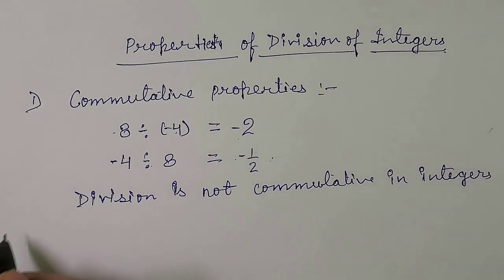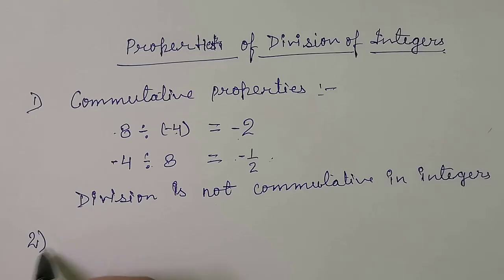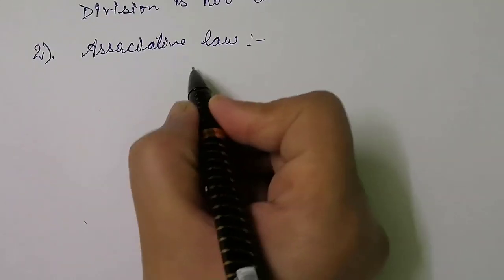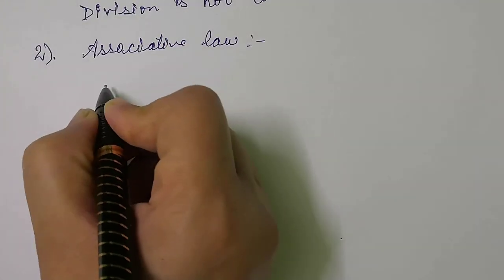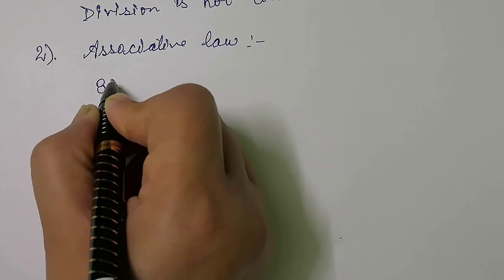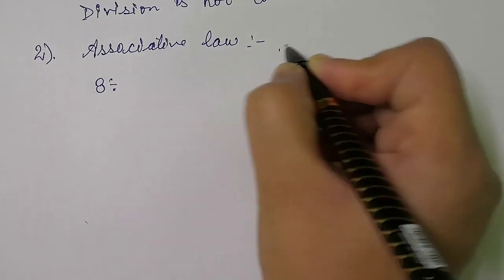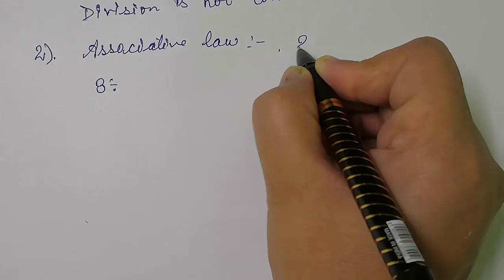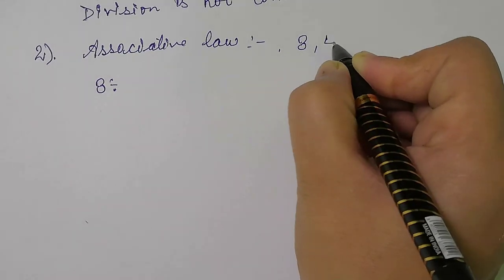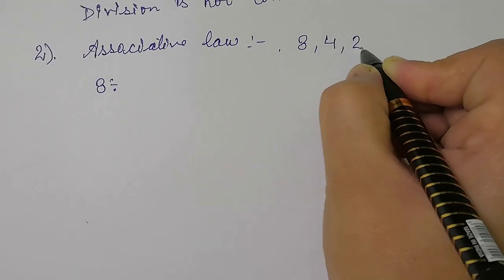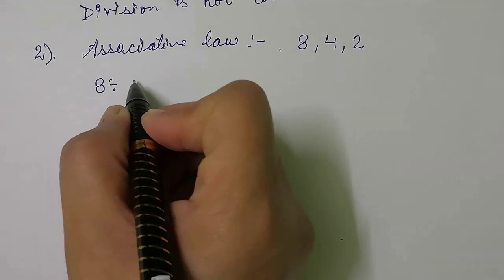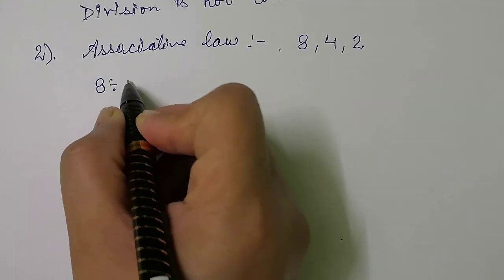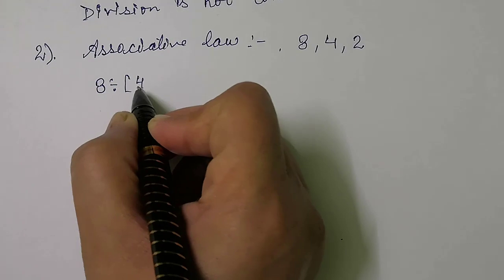Now the second property, the associative law. Take one example. We are taking three integers here: first 8, then 4, then 2. Now we take 8 separate and in the bracket we divide minus 4 by 2.